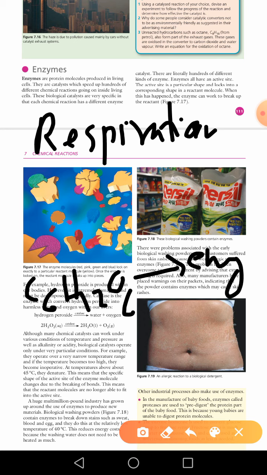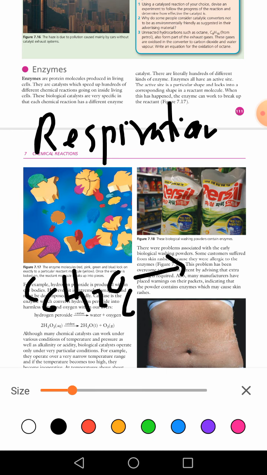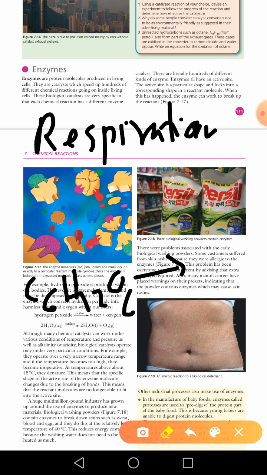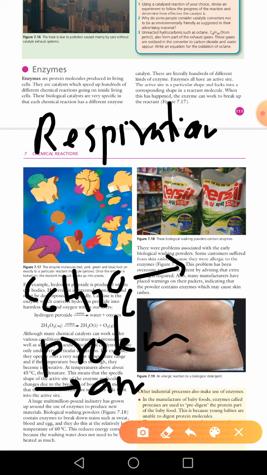And again, for example, protein is broken down to amino acid, or starch is broken down to produce glucose.